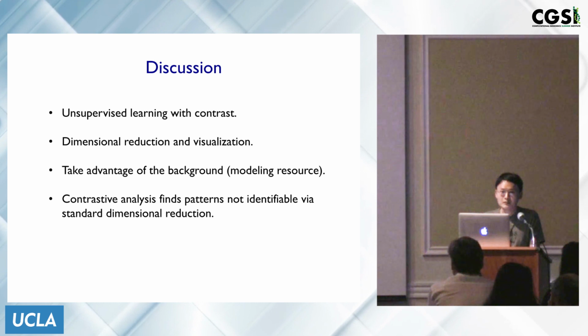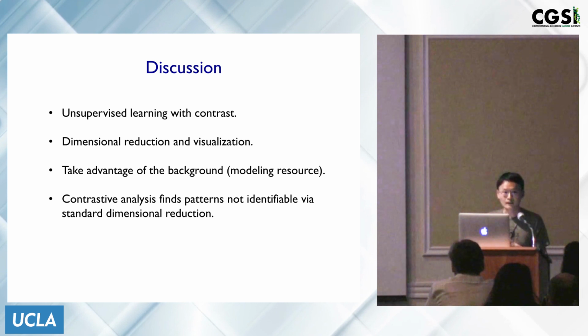And intuitively, the reason why this helps is that we would like to concentrate our modeling resources, the capacity of our models. If I'm fitting my model to just one data set, the modeling capacity is going to be dominated by the dominant patterns in that one data set. But if I know that I'm interested in particular kinds of salient patterns, enriched patterns, then by doing the contrast, I can better focus the modeling capacity of my generative model onto those enriched patterns.